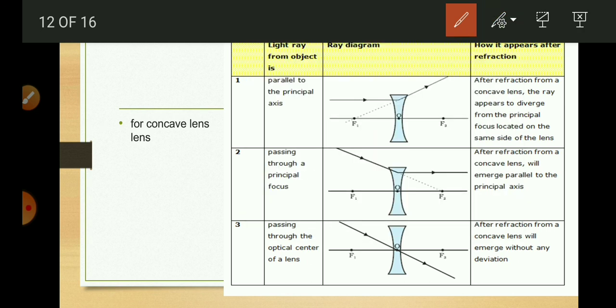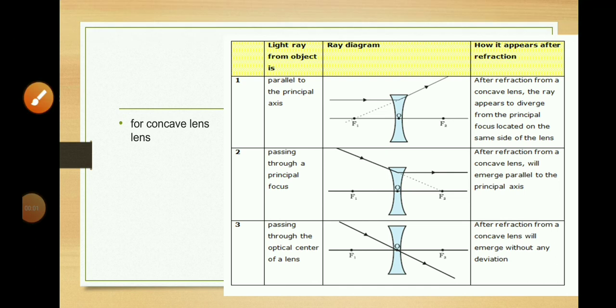Third rule is what? When the ray of light passes through the optical center of the lens, after refraction from the concave lens, it will emerge without any deviation. So this rule is the same for both concave and convex lens. So these are the light ray rules for concave and convex lens.